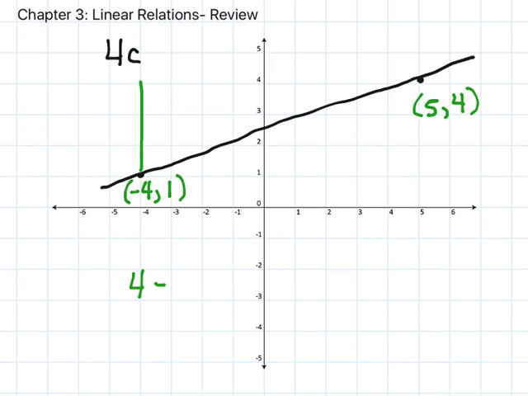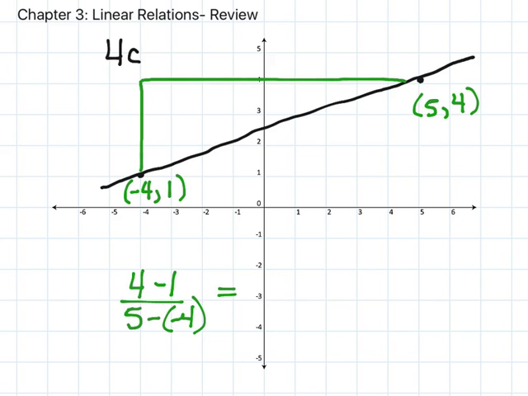So 4 minus 1. And then our run is going from -4 all the way over to +5. So 4 minus 1 is 3. 5 minus -4 is 9.